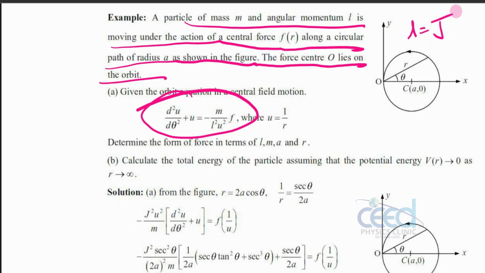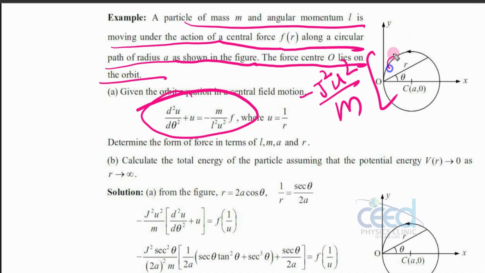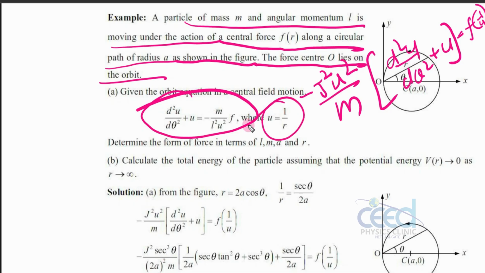So what we studied, the same equation: minus J square u square divided by m, into d square u by d theta square plus u is equal to f of 1 by u. Okay, this is what we studied. Now this side we take to that side, you can write like this, where u is 1 by r, right? All right.